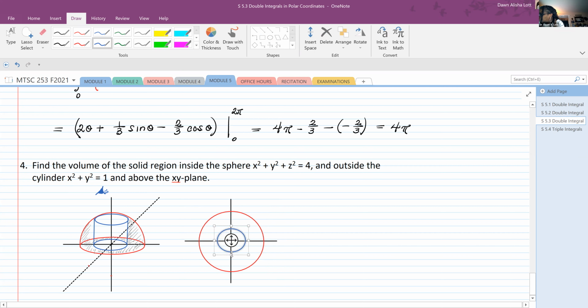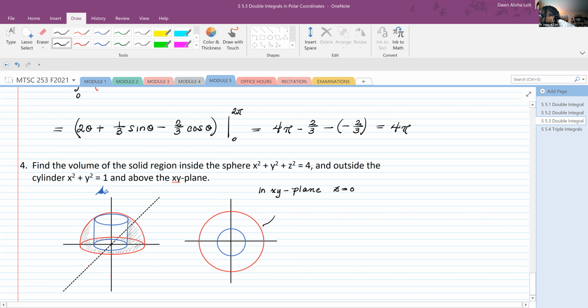So I have two concentric circles, otherwise known as an annulus. Okay, so on this one, in the XY plane, Z is 0.